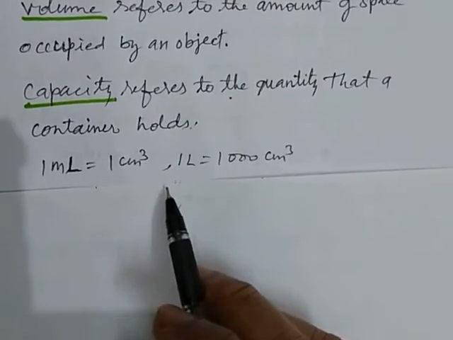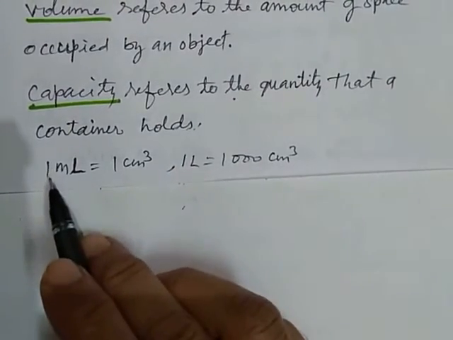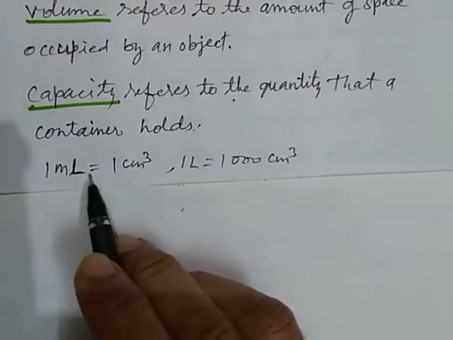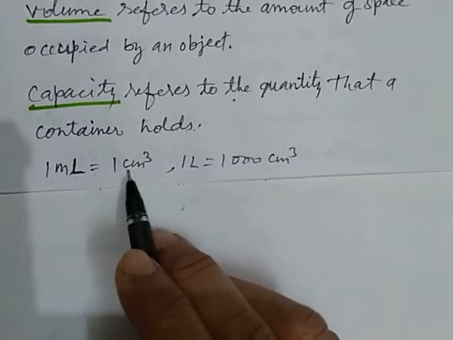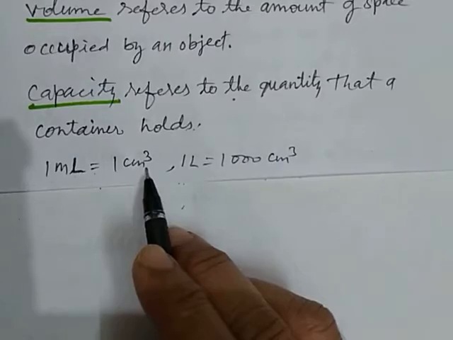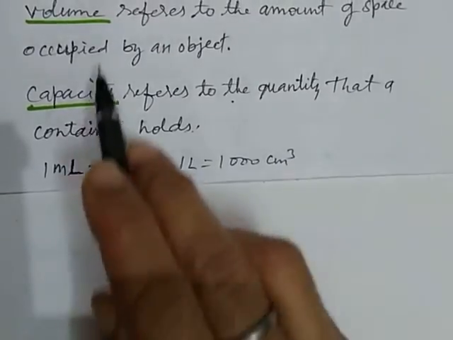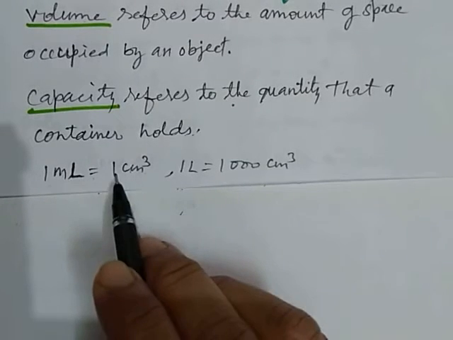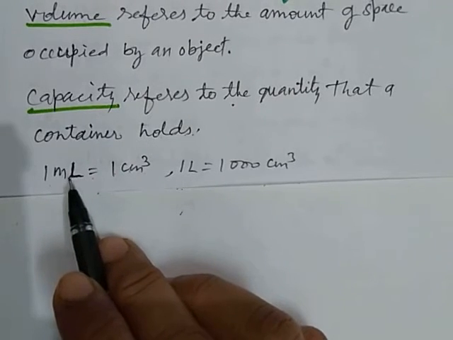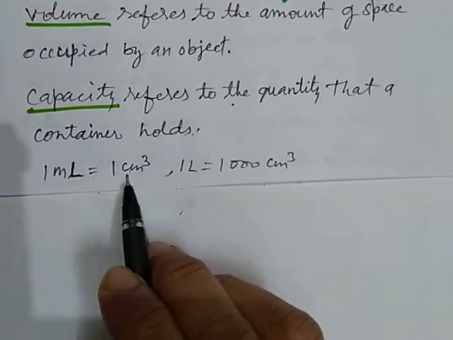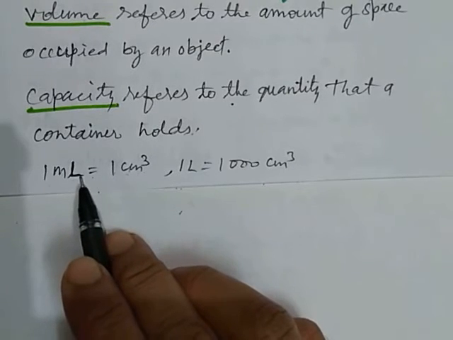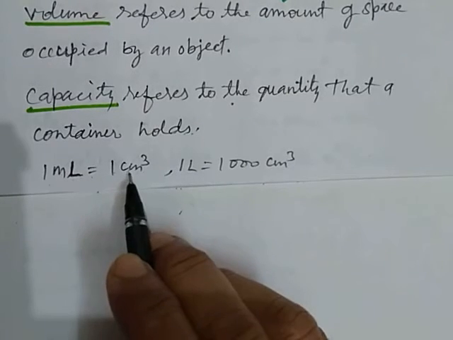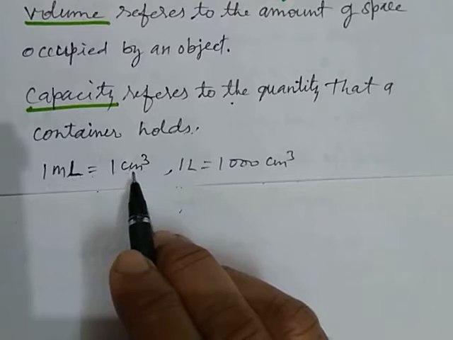Now we make this thing more clear. 1 milliliter is the quantity, and 1 centimeter cube is the volume. So this is the volume and this is the capacity, but both are the same, only the way of expressing is different. This is in the form of quantity and this is in the form of occupied space.